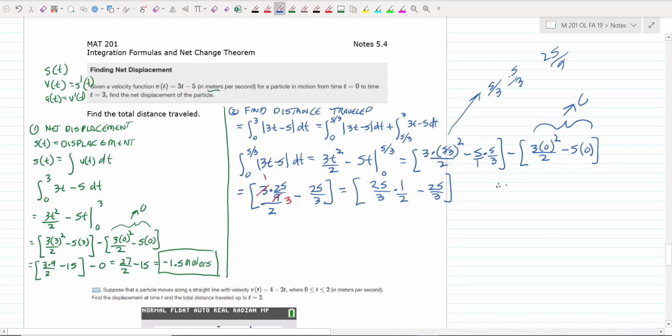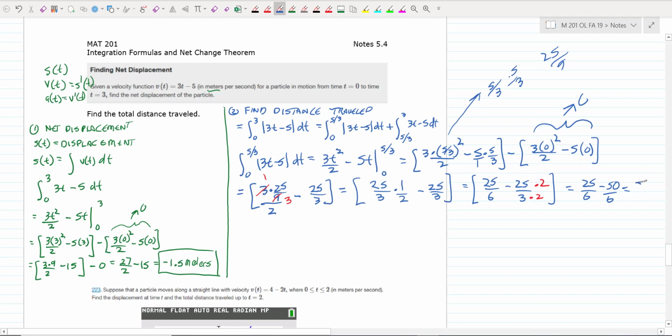Let's see where this leads. So I've got 25 over 6 minus 25 over 3. I need to get a common denominator, so I'm going to multiply this by 2 over 2. When I do that, I get 25 over 6 minus 50 over 6. So that will give negative 25 over 6 for that region.